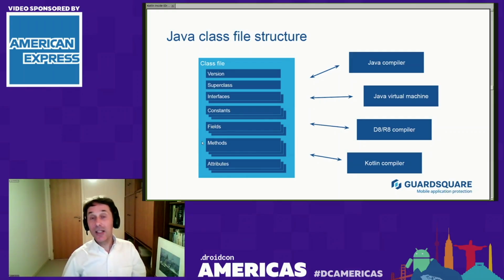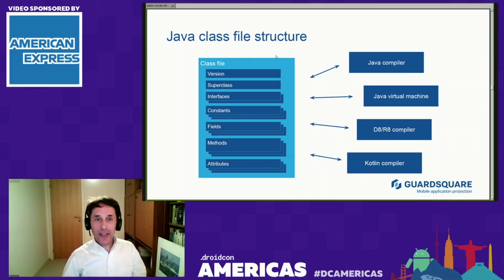It contains the definitions of the methods that are in the class, including the bytecode associated with these methods. And finally, it contains a number of attributes. And these attributes are often optional components of a class, like the source file name. So stuff that is useful for debugging purposes often.